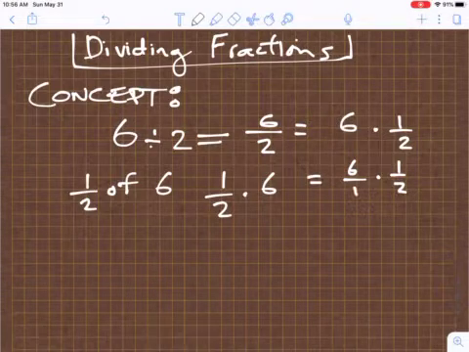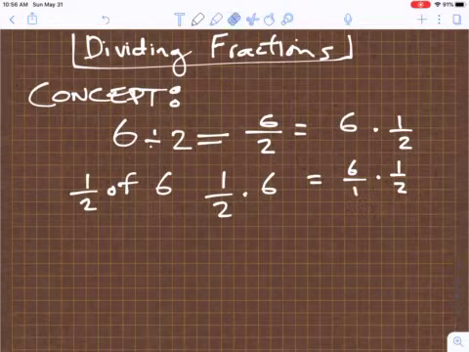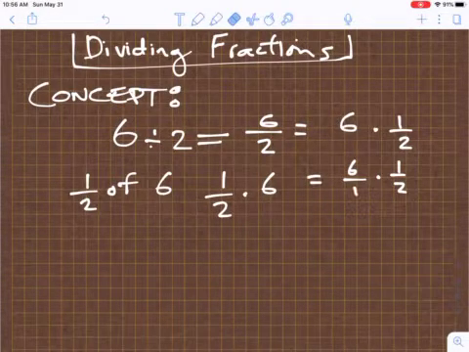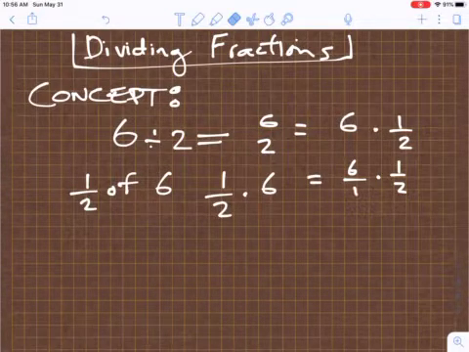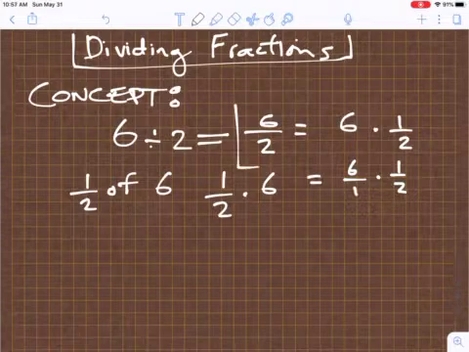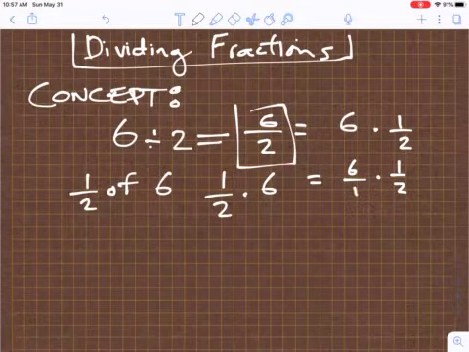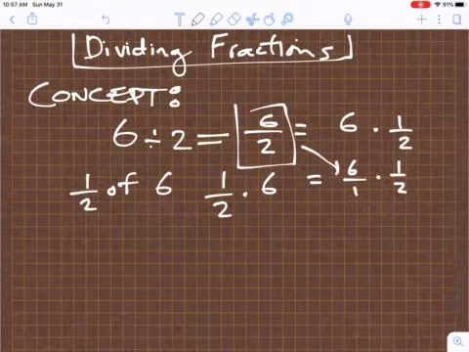All right, so let's look and see what we did here. We started with this right here, and it morphed into this.